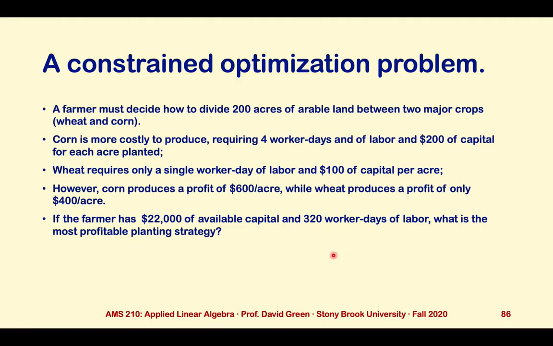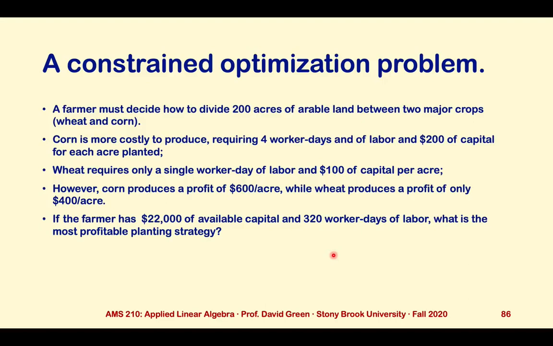The capital going into seed and water and fertilizer and so on. Wheat, on the other hand, requires only a single worker day of labor and $100 of capital for each acre planted. So corn costs more to produce than wheat, but corn produces more profit. Corn produces a profit of $600 per acre, while wheat produces a profit of only $400 per acre.